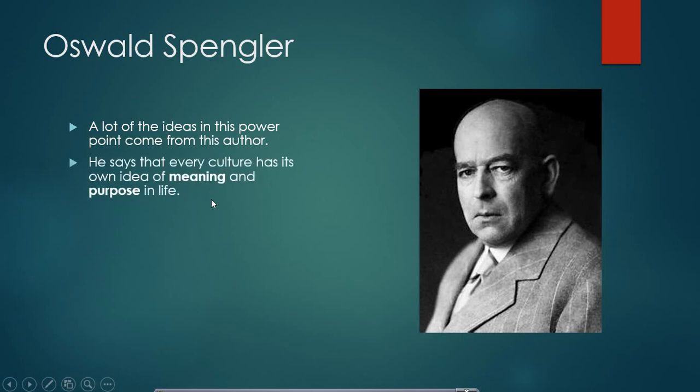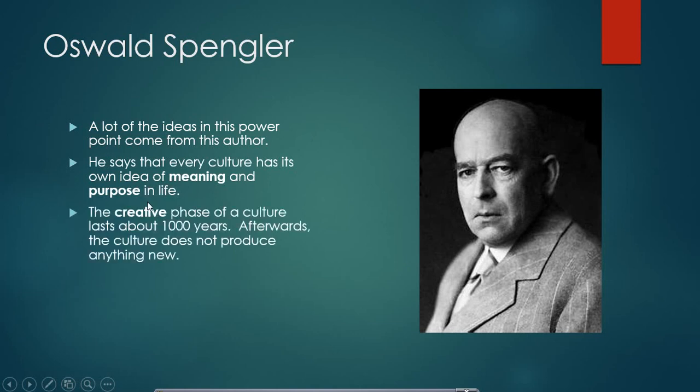The main idea of his book is that every culture has its own idea of meaning and purpose in life. The creative phase of a culture lasts about 1,000 years. Afterwards, the culture does not produce anything new. That means there's only so much that can be said about any particular idea.